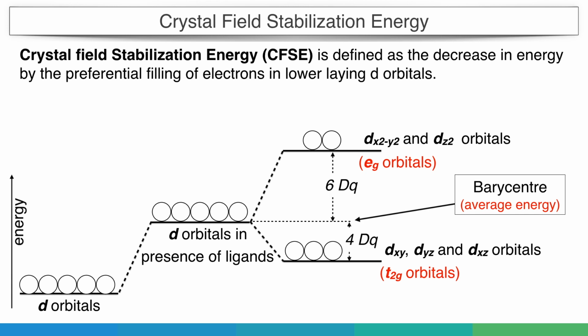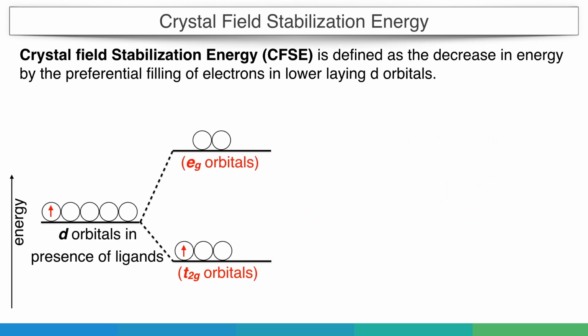As the energy gap between them is 10 Dq, the energy emitted by the electron will be equal to the 10 Dq value. The radiation emitted can be measured in the absorption spectra of the molecule.